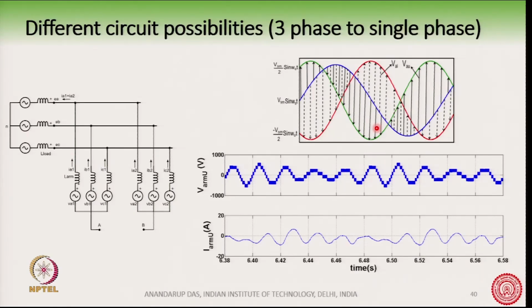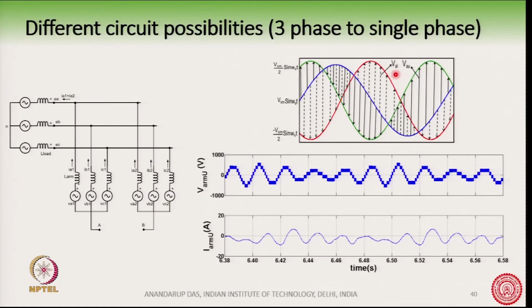The power can flow from the single phase AC to 3 phase AC or 3 phase AC to single phase AC. You can see these arrows indicated, this VAU, and these dotted arrows are VAL, that is the instantaneous upper arm voltage waveform and the instantaneous lower arm voltage waveform.